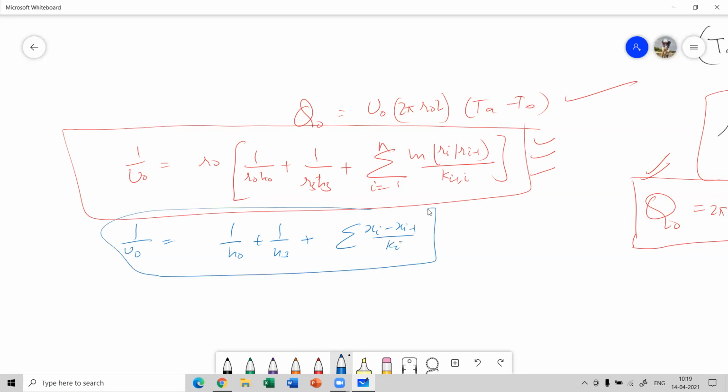So in case of rectangular systems, that's the overall heat transfer coefficient, and in case of cylindrical systems, it's represented by this particular term. Clear? So whether it's the cylindrical system or the spherical systems, the composite overall heat transfer coefficients are represented by these respective terminologies.